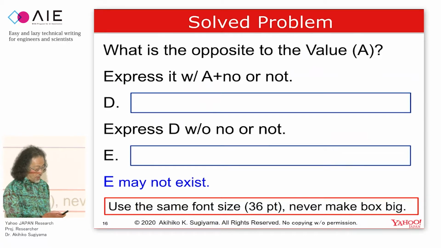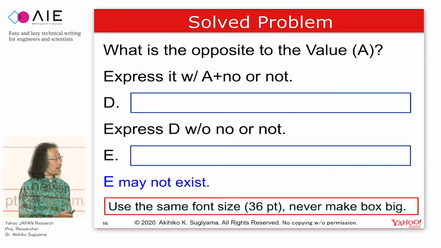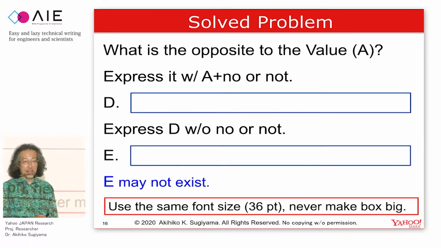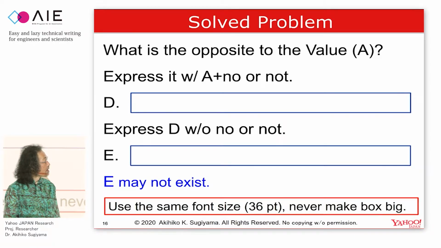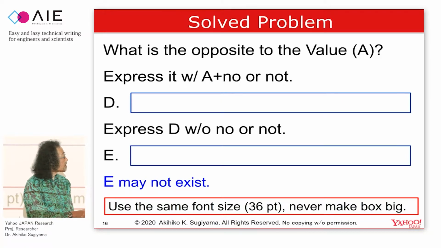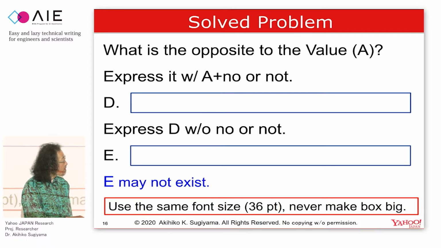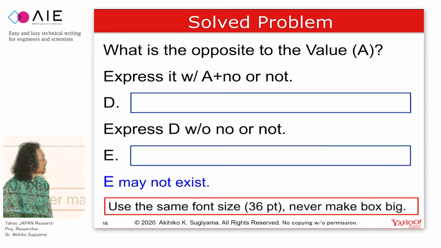This is a sheet to help you identify the problem. What is the solved problem? Once you have identified the value, start with the value, which is okay, because it was on a previous page. Express the problem with A. A is the value you have identified, plus no or not, negative.